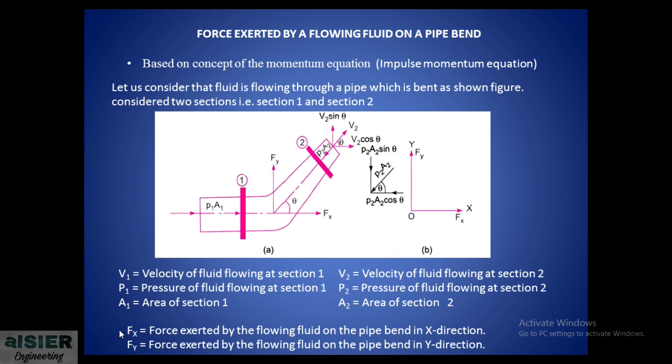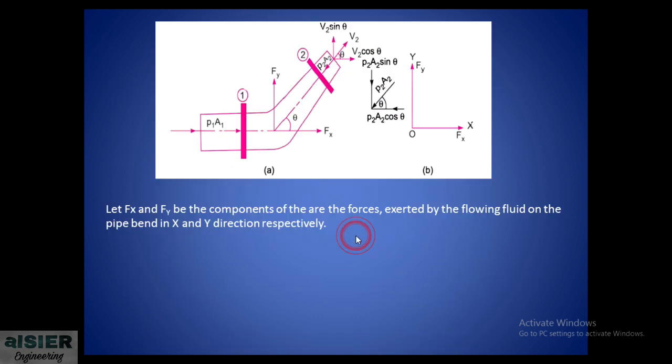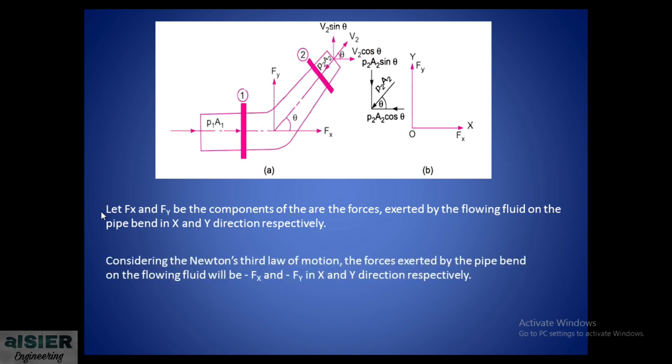Now, Fx is the force exerted by the flowing fluid on the pipe bend in the x direction, and Fy is the force exerted by the flowing fluid on the pipe bend in the y direction. Therefore, the pipe will also exert a force on the flowing fluid.